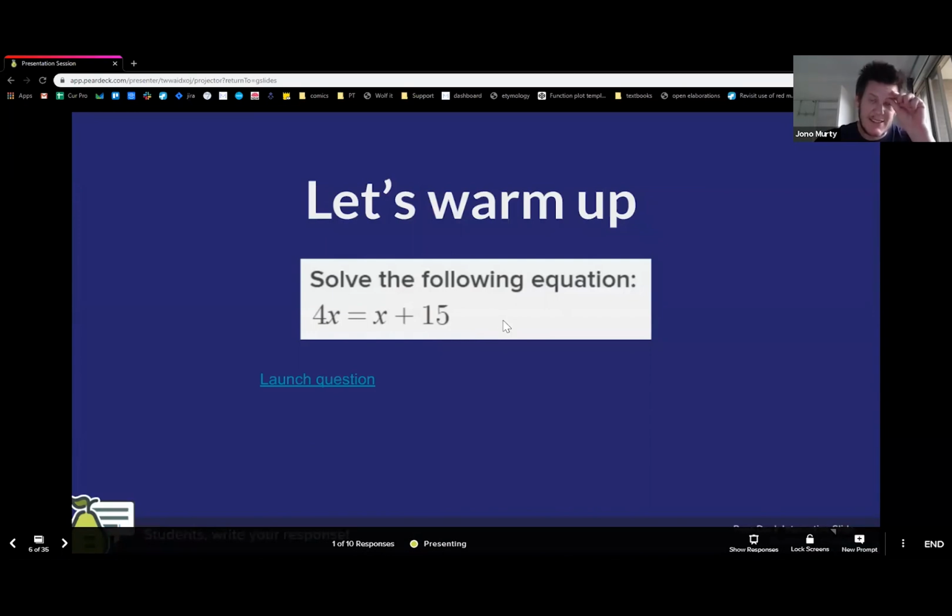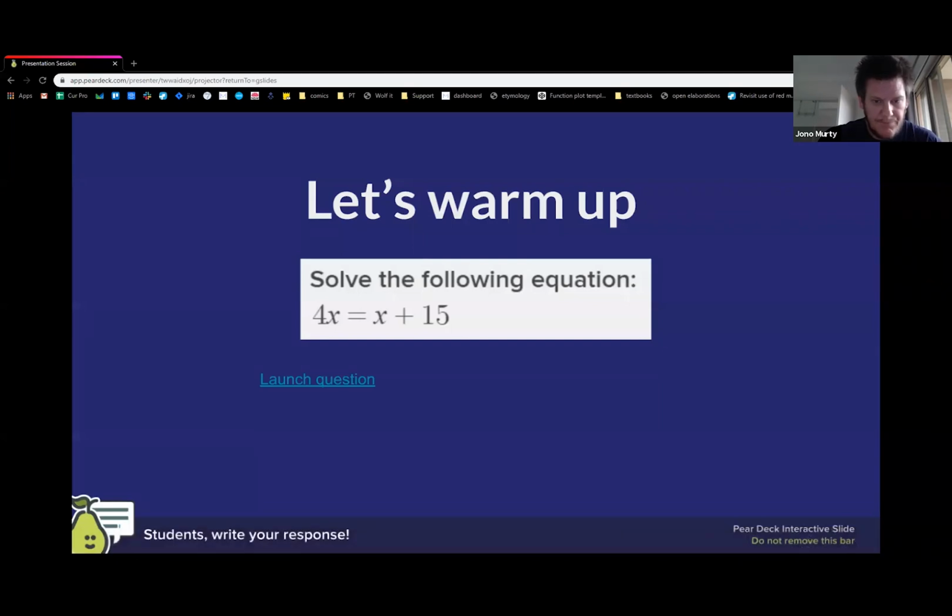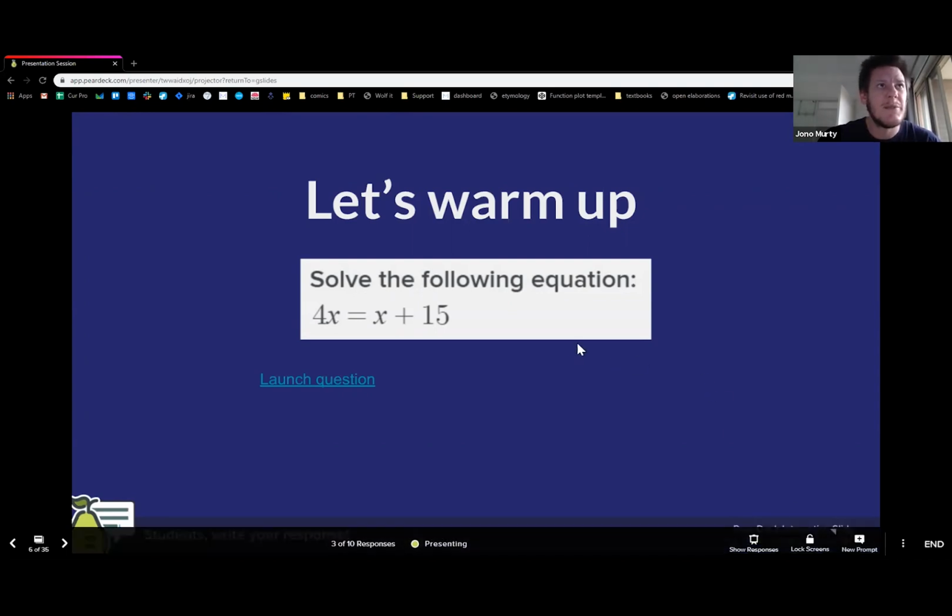Okay, let's just start with some really quick, simple equations, 2 or 3 step equations, just to get us warmed up. So have a go now at this, write your responses. Got a few answers coming in.